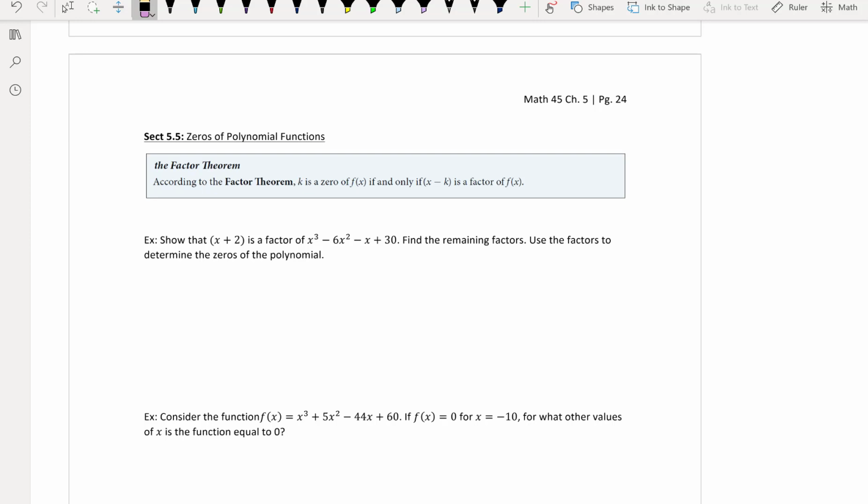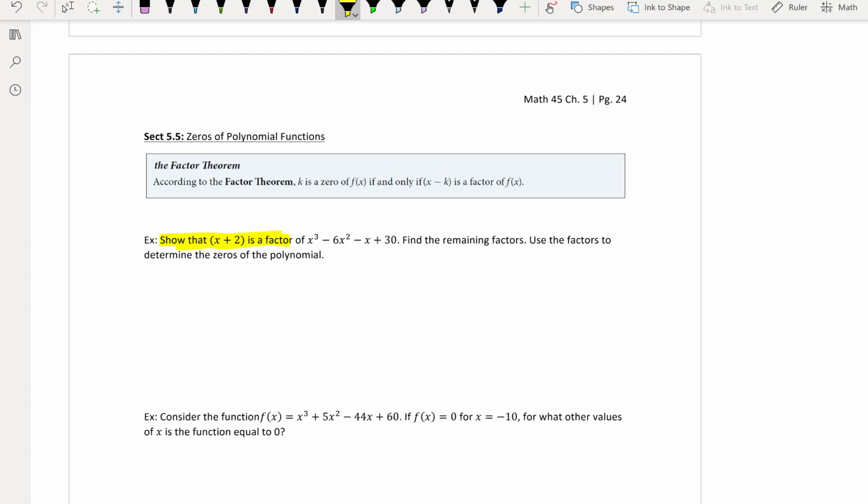Show that x plus 2 is a factor of x cubed minus 6x squared minus x plus 30. Find the remaining factors. Use the factors to determine the zeros of the polynomials. So this first part that we want to show is that x plus 2 is a factor.